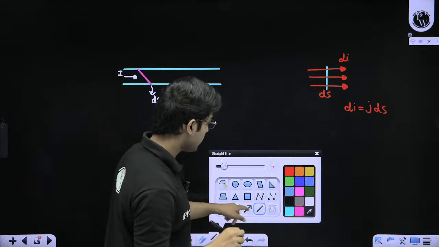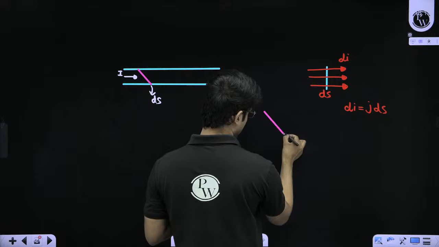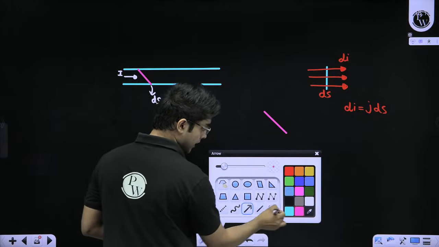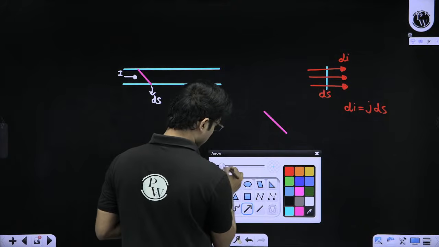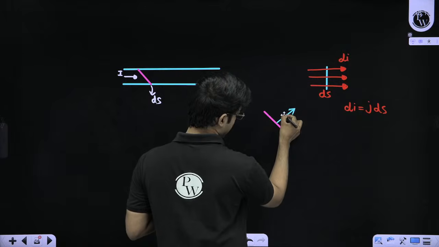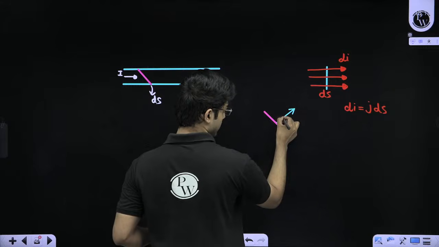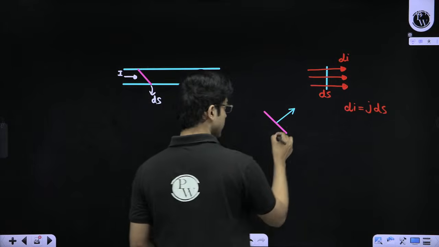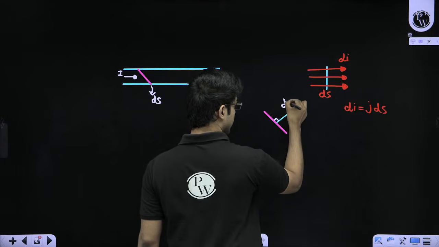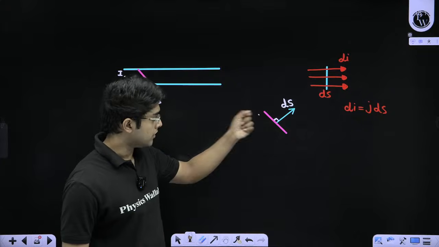Now, whenever you are given an area ds, the direction of the area vector is important. Area vector is always perpendicular to the area, similar to how we defined it in Gauss law. So this will be the ds vector, and its magnitude will be the magnitude of the area.